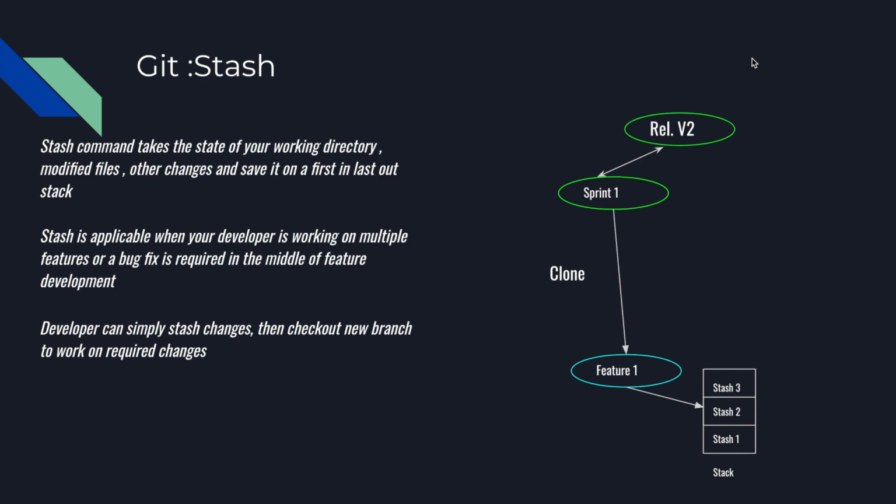Stash command basically takes local changes done to the source files and backs them up as a first in last out stack. Stash command is executed on the developer machine and does not update the server repo with any details. Developer can anytime retrieve the stash changes using the stash apply command.